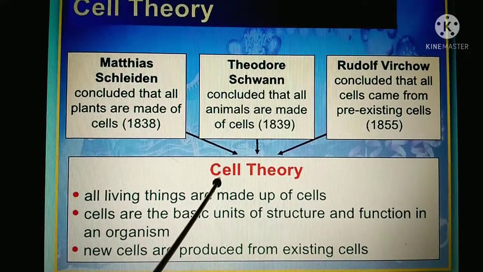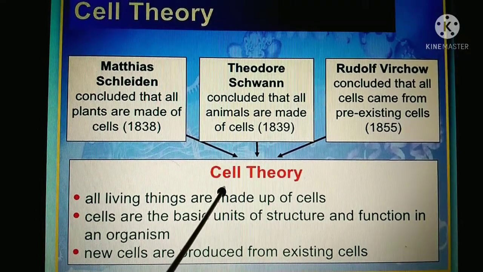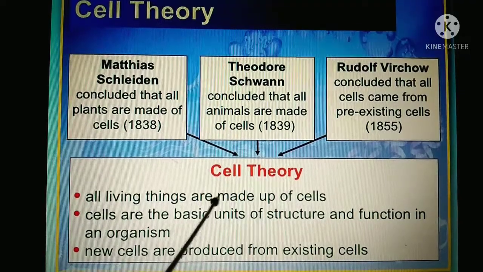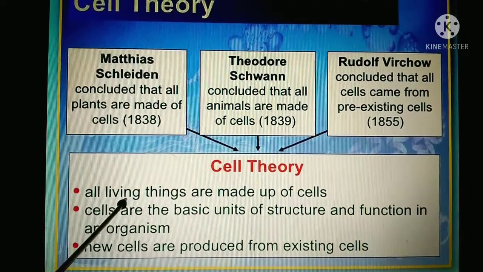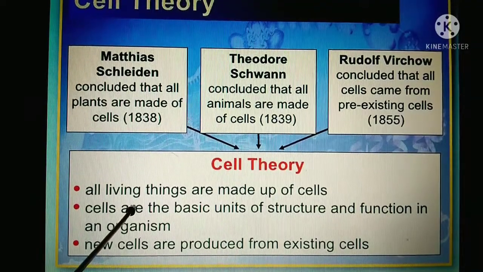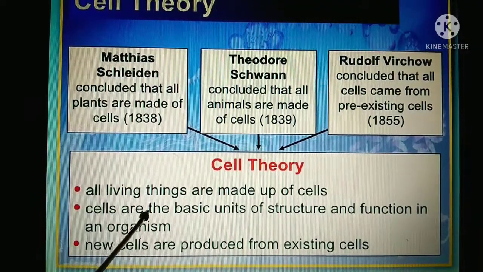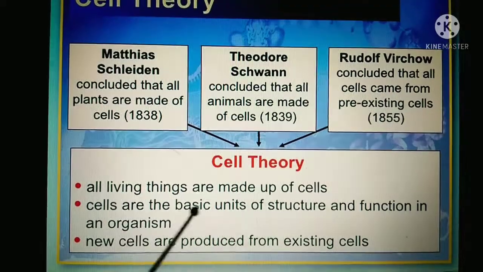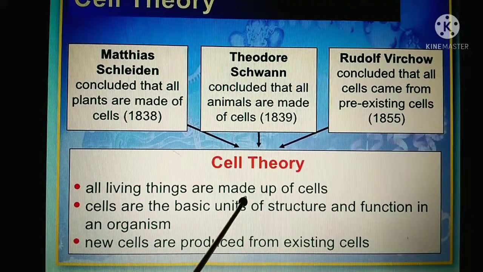Based on the ideas given by the three scientists, Schleiden, Schwann, and Rudolf Virchow, the cell theory was proposed. The postulates of the cell theory are: first, all organisms, or living things, are composed of cells or cell products like excretions or secretions.